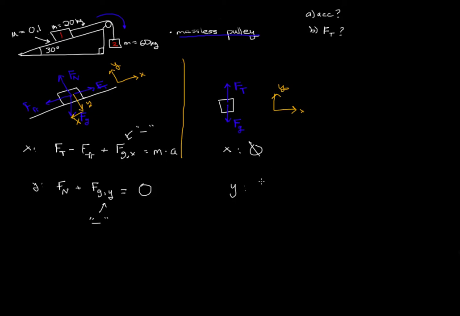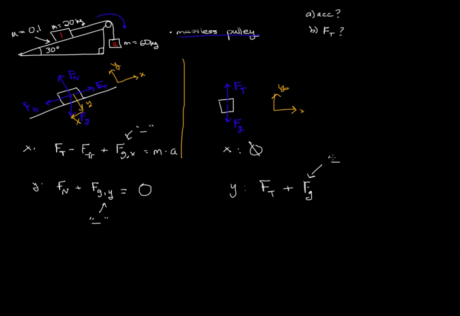And then in the y direction, you have a tension pulling up. You have force due to gravity pulling down. And again, I'm just going to add it because, as I will show you, when you're dealing with force of gravity, or force of gravity comma x, or force of gravity comma y, you get a negative number by default.